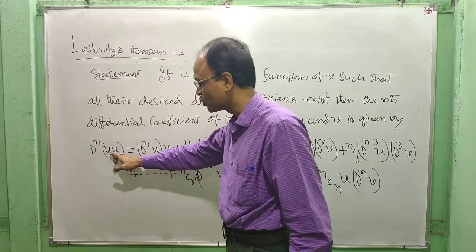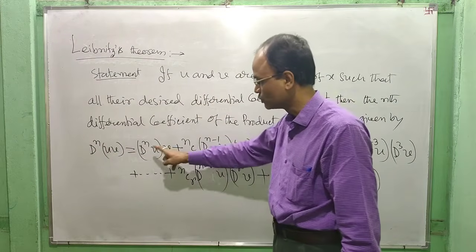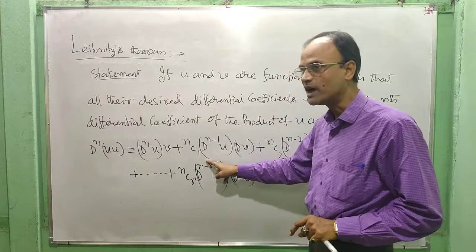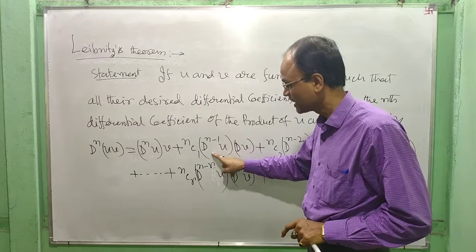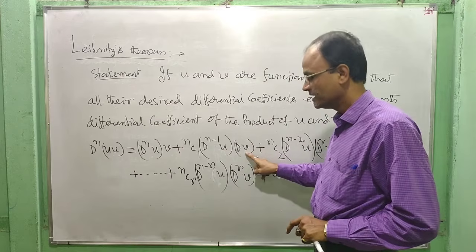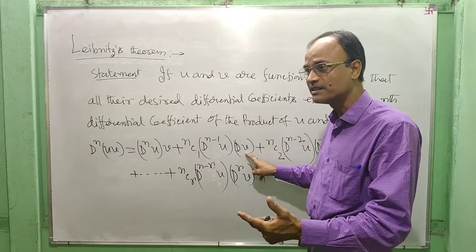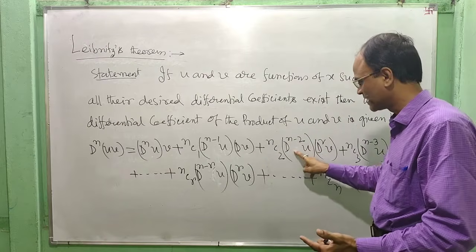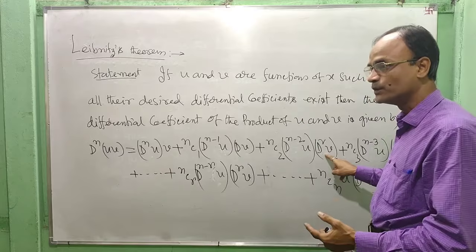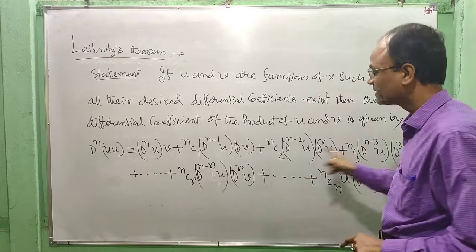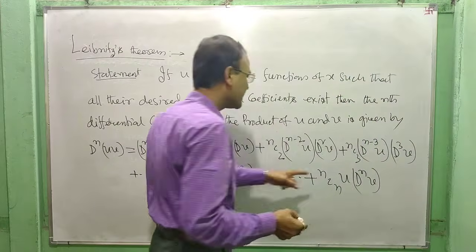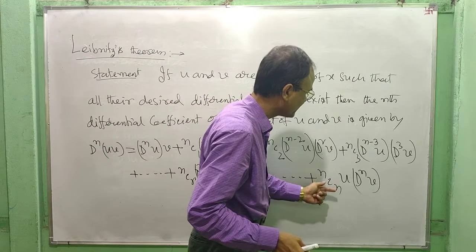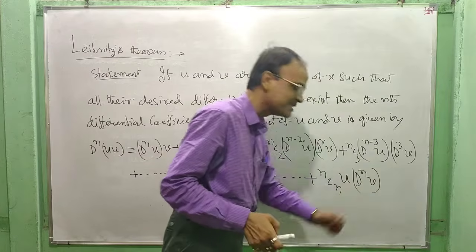The nth differentiation of the product of u and v is equal to the nth differentiation of u into v plus nC1, the n minus 1th differentiation of u into the first derivative of v, plus nC2, the n minus 2th differentiation of u into the second derivative of v, and proceeding in this way, in the last term we will get nCn u, the nth differentiation of v.